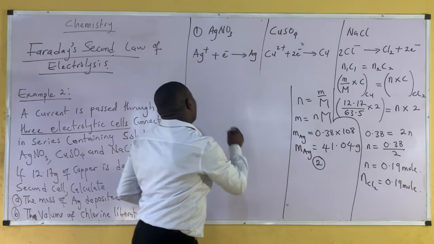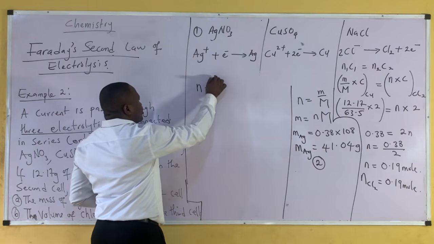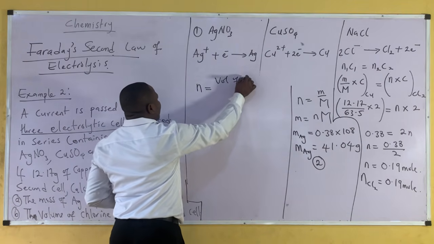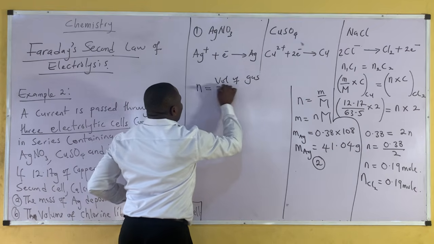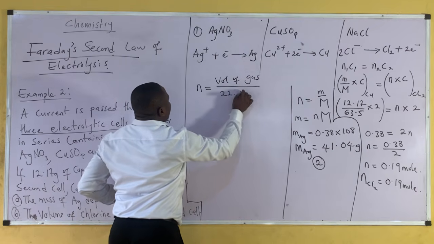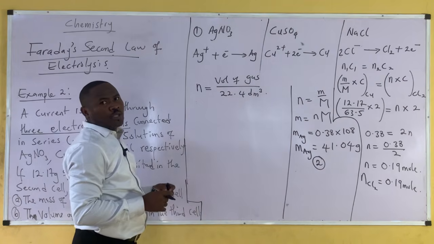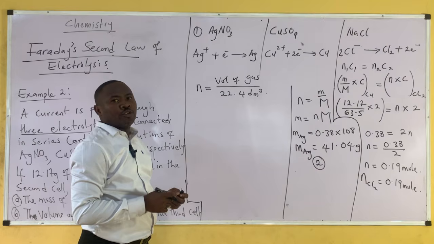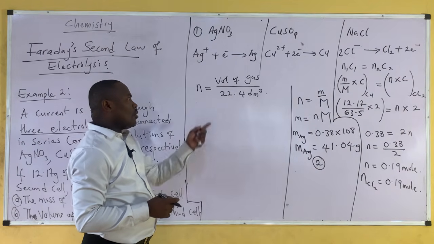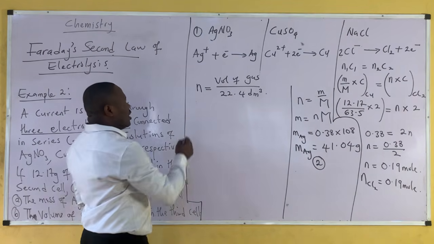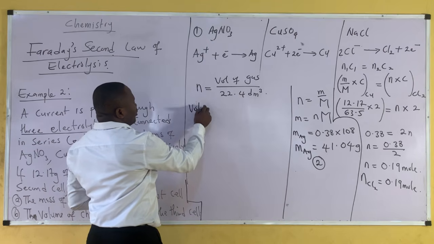Now, if you remember, mole is equal to volume of gas over 22.4 dm cube. That's one of the formulas we gave for mole. You can watch our mole video to know more about these formulas. Now, what is the volume of chlorine?